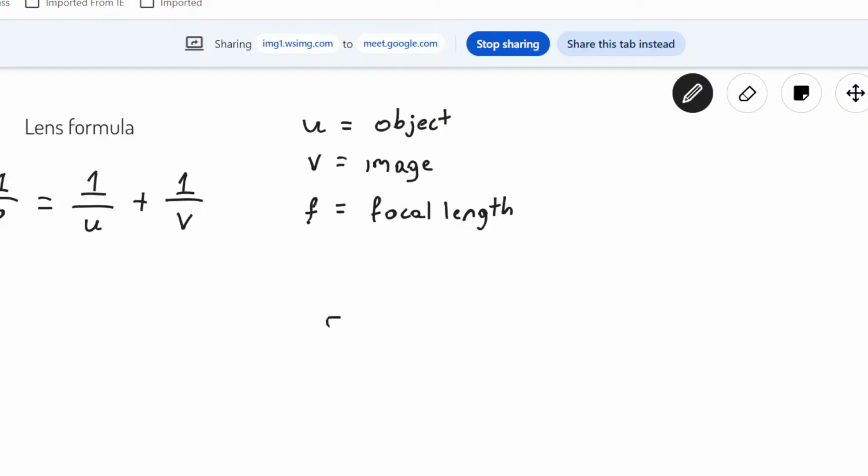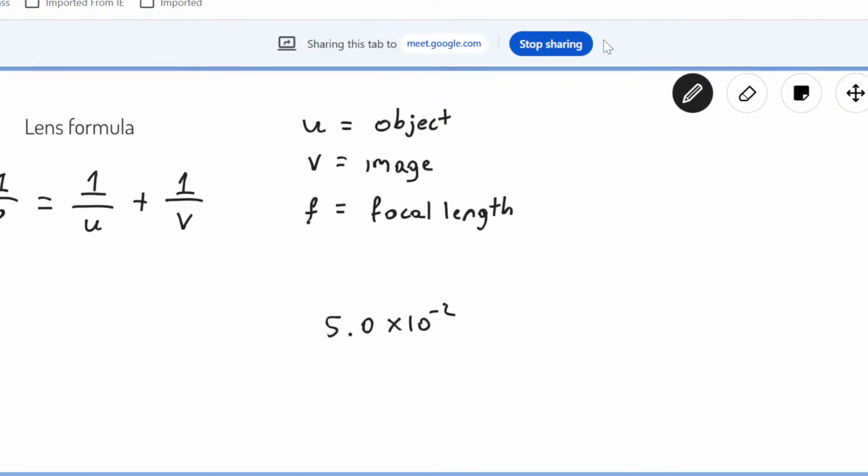Or I can say it a different way: 5 times 10 to the minus 2 is 0.05. So whatever value you put in the table, when you multiply it by 10 to the minus 2, should give you that value.